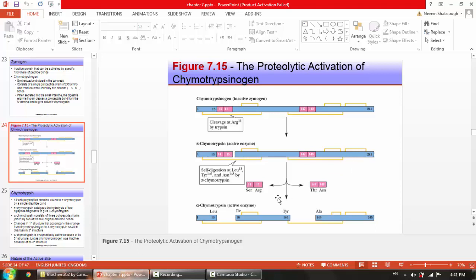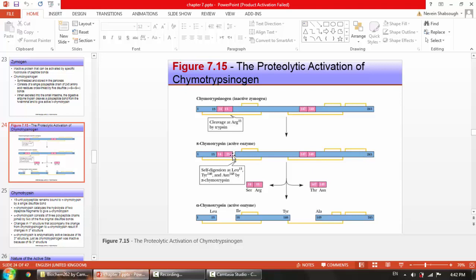Now, the protonated amino group of the isoleucine residue exposed by the first cleavage here. At this position we have an isoleucine residue where we have an amino group with a proton.